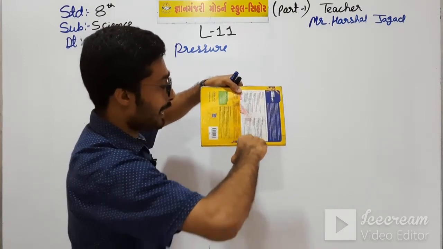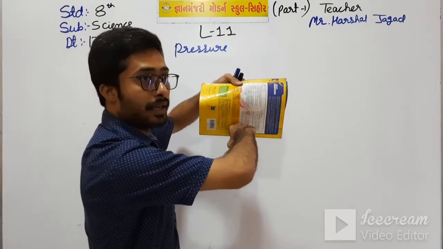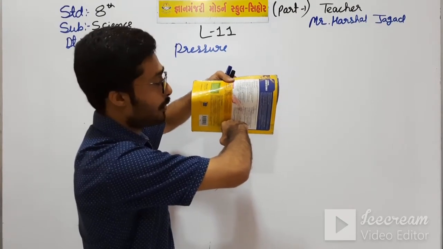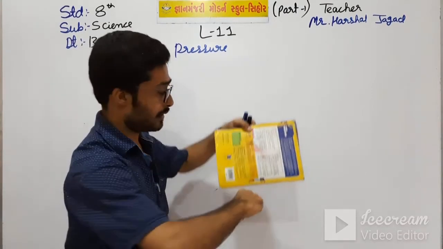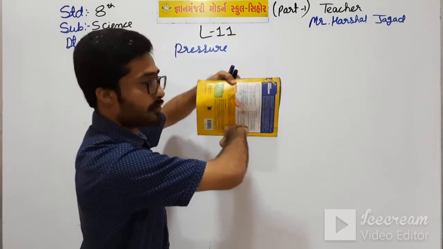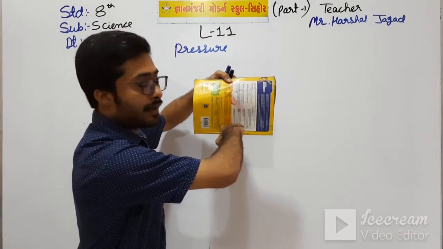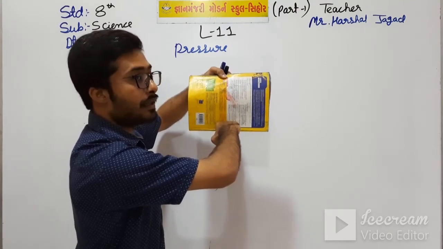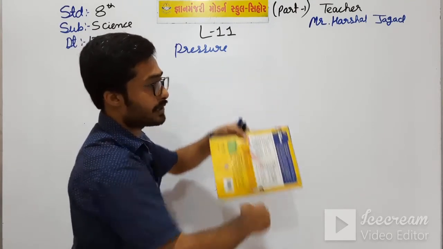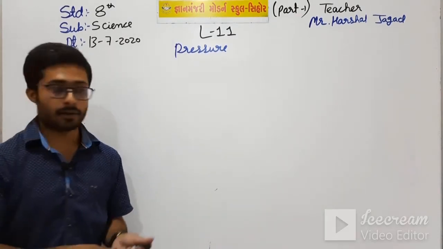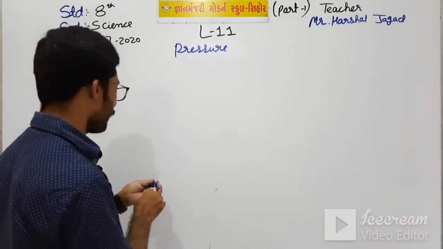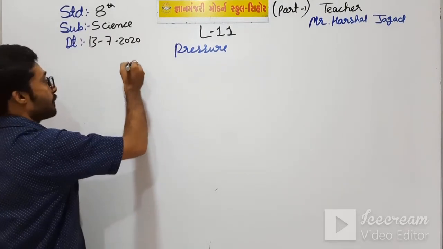So when I apply force on a certain area, that produces pressure. When I apply a force with my hand on a certain area, it is called pressure. First of all, let us write down the definition of pressure. What is pressure?